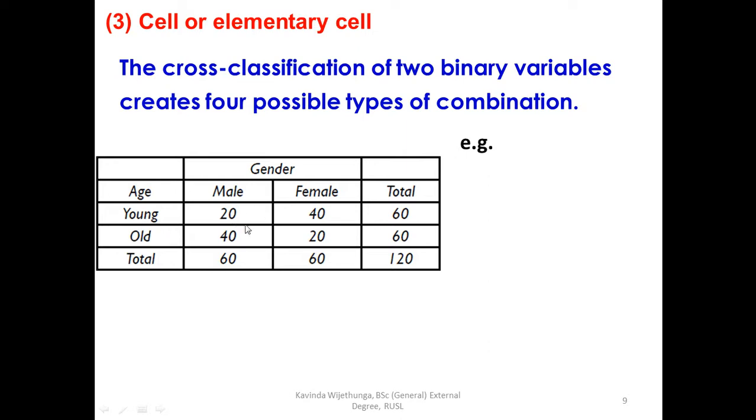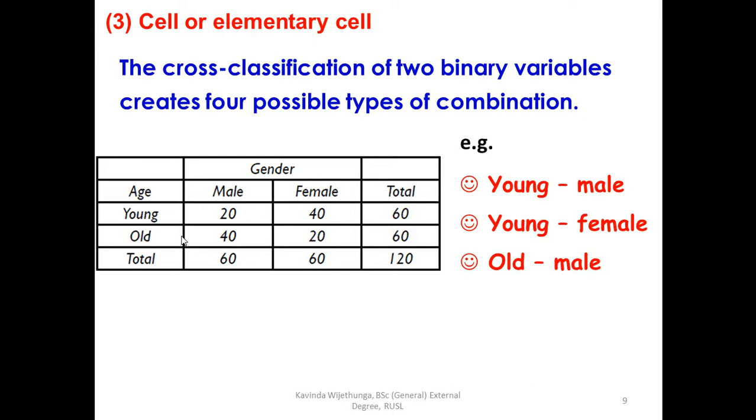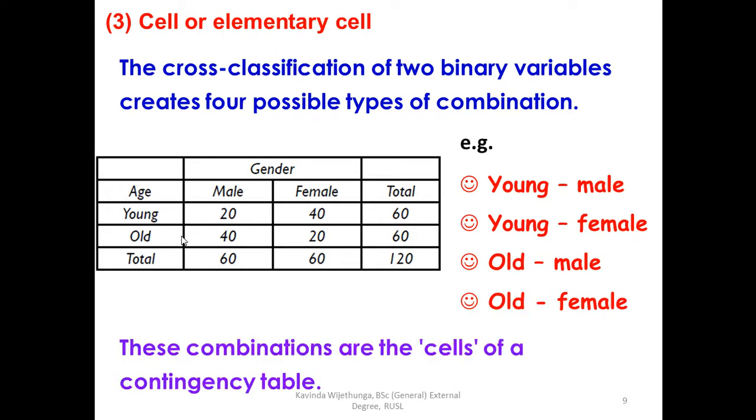You can see there are 4 types of combinations: young male, young female, old male and old female. These combinations are the cells of the contingency table.